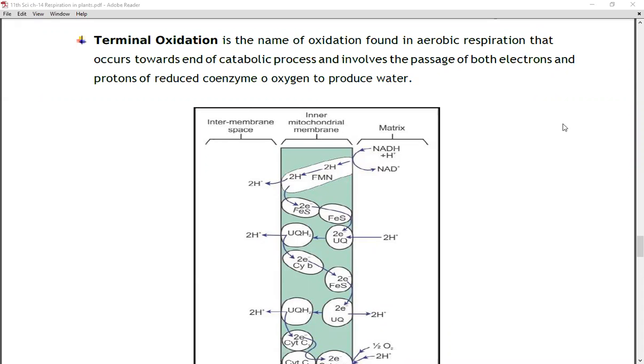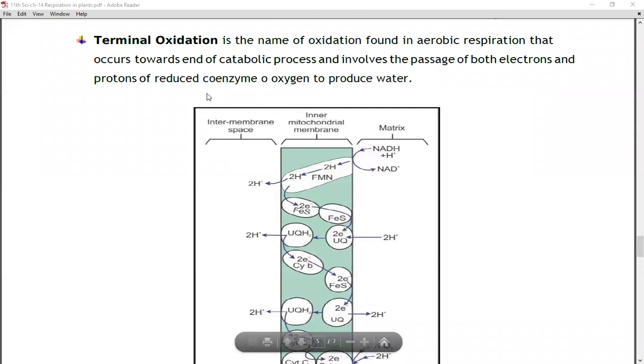So here, as we know, the mitochondria is a double membrane organelle. You can see this is the inner mitochondrial membrane, the membrane which is present inside, and there is also an outer membrane. In between the inner and the outer mitochondrial membrane there is a space which is known as the intermembrane space.